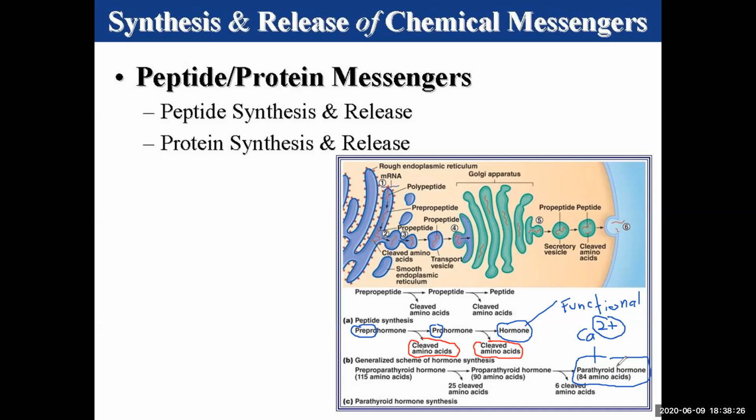There are 3 ways for parathyroid hormone to bring that calcium back up to homeostatic levels in our blood plasma. And this is an example where the hormone is produced as a precursor and ultimately cleaved to release the functional parathyroid hormone.